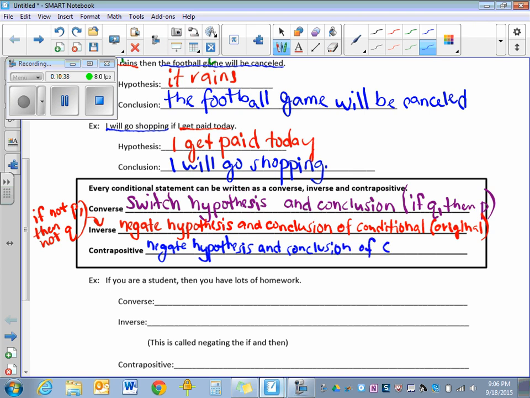In fact, converse plus inverse equals contrapositive. So what we see with that is you can think of it as if not Q, then not P. I'm going to write that down here. If not Q, then not P.